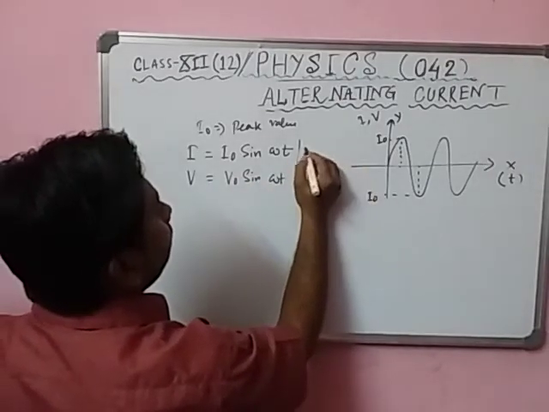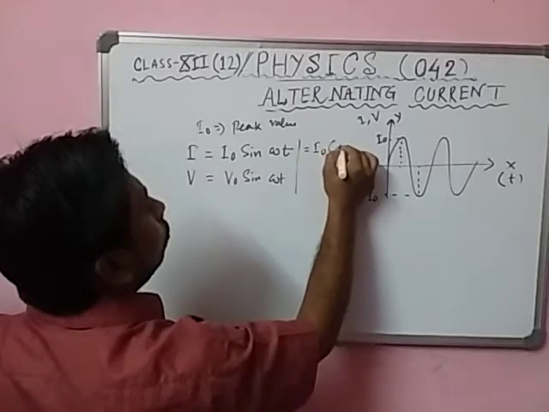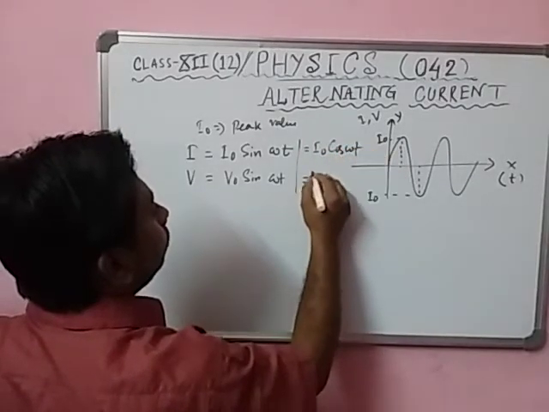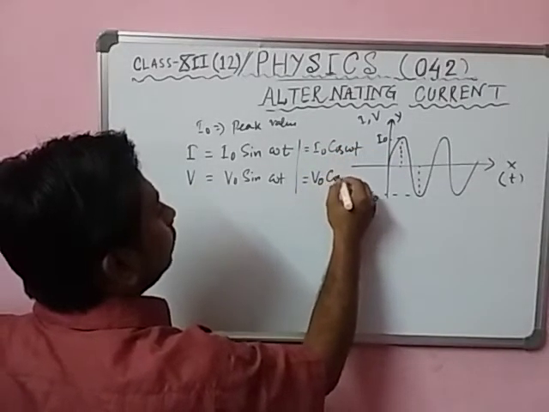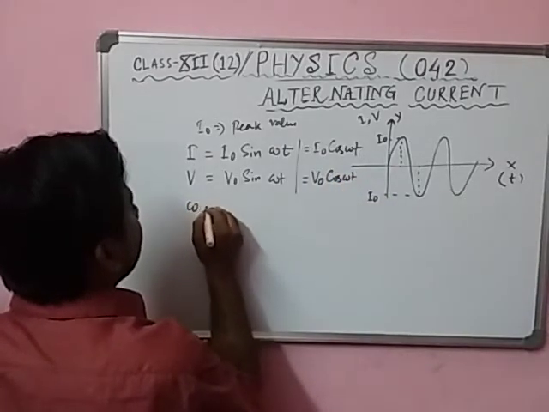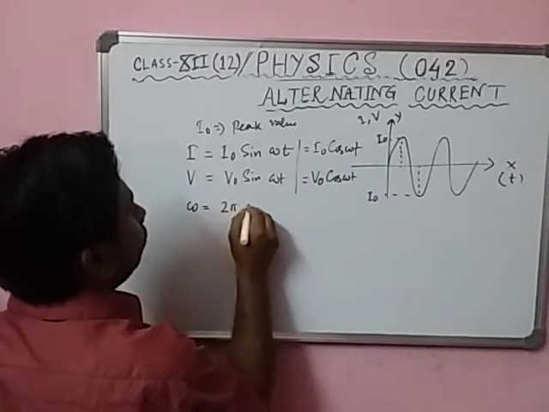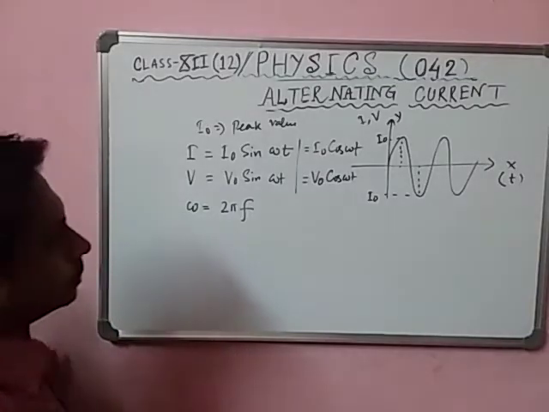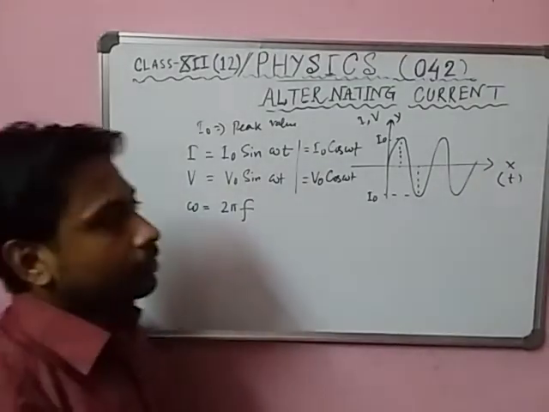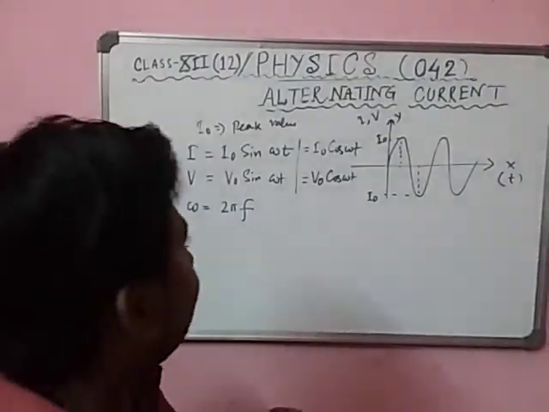Another way we can represent it is I0 cos of omega t, if we have a cosine curve. Omega is called angular velocity, whose value is 2 pi f, where f means frequency.